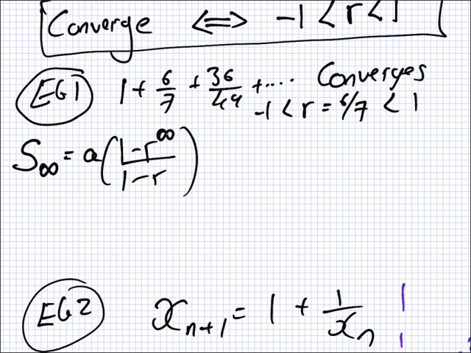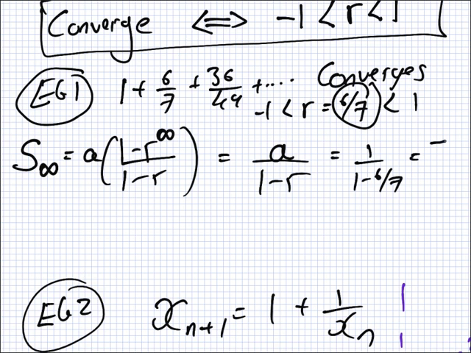In this case it's 0, because whenever you have a number smaller than 1 and you raise it to a power, it gets smaller, not bigger. For example, 0.5 squared is 0.25, 0.5 cubed is 0.125. So S infinity is quite simply a over 1 minus r. That's something you'll need to know. That will be 1 over 1 minus 6 over 7, which is 7.